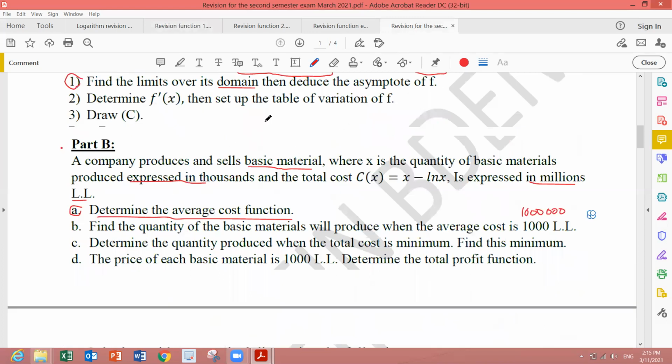Part C. Determine the quantity produced when the total cost is minimum, and find this minimum.